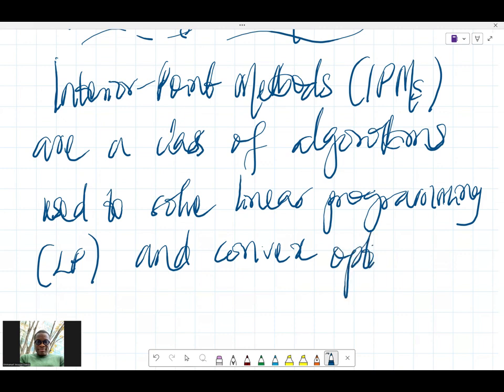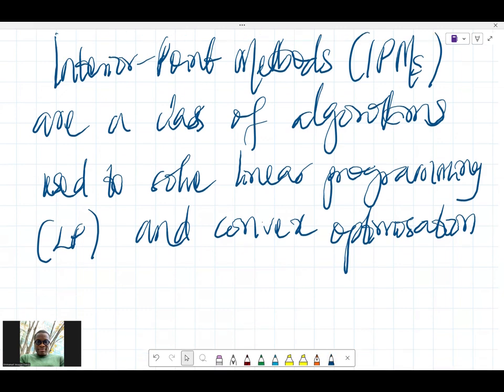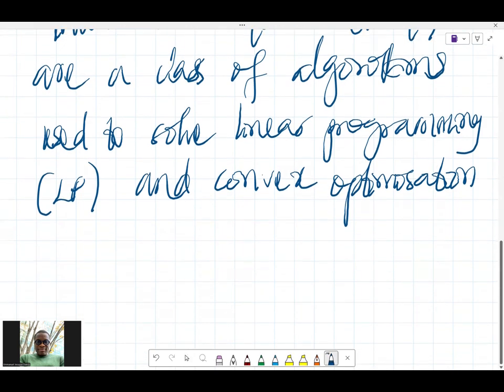In the next video, I'll be focusing solely on convex optimization, right? So to solve linear programming and convex optimization problems.